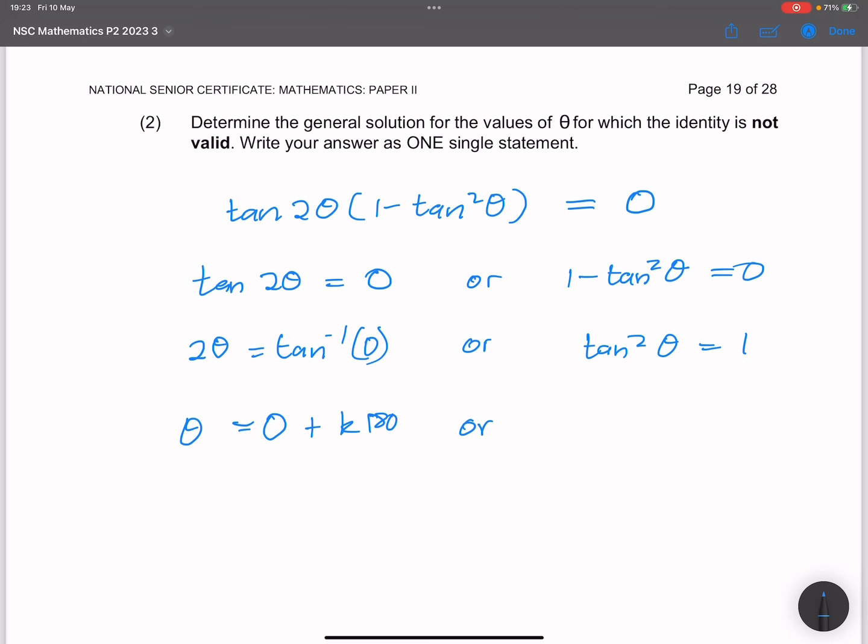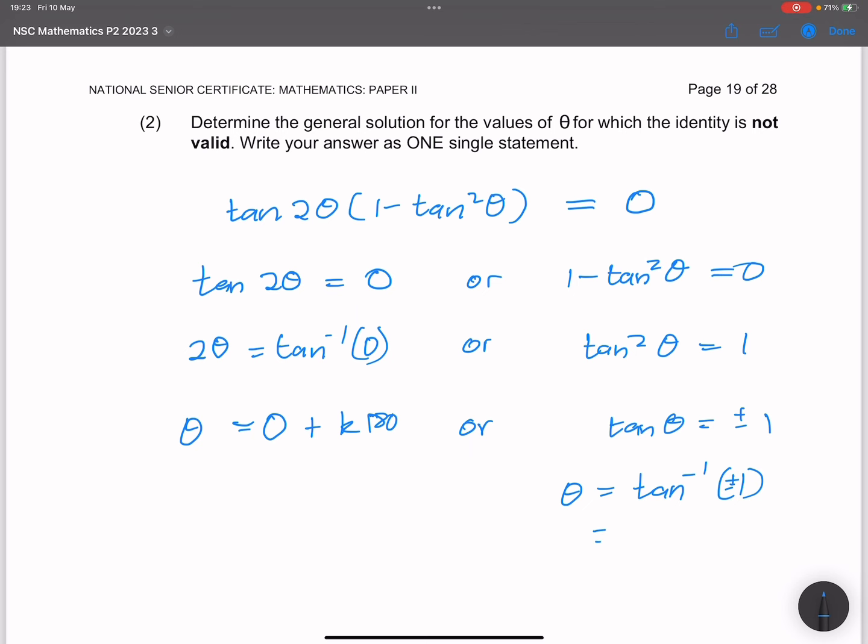Or if we take the square root on both sides, tan theta equals plus or minus 1. So in this case, theta is the arctan of 1. Remember that it is plus or minus 1, so I'm going to take both of them there.